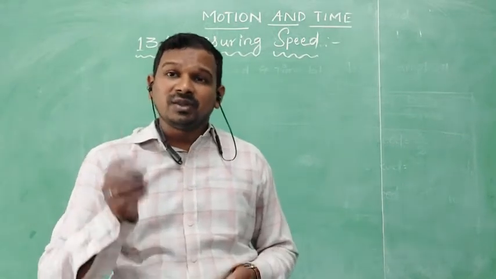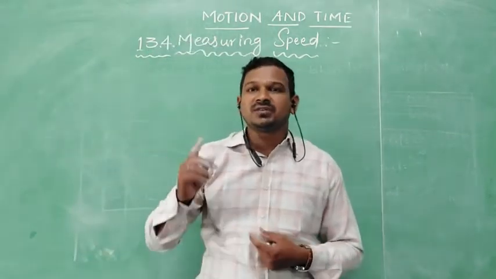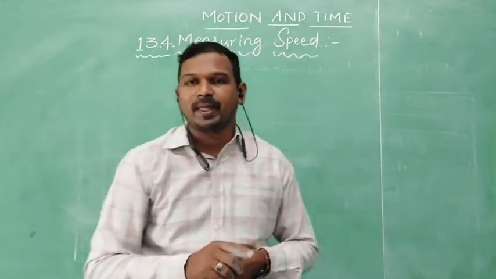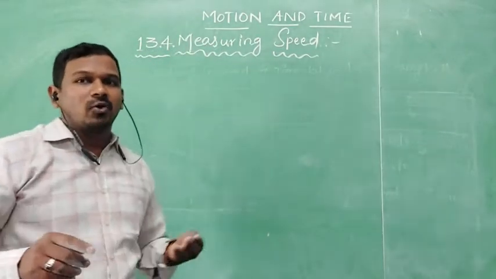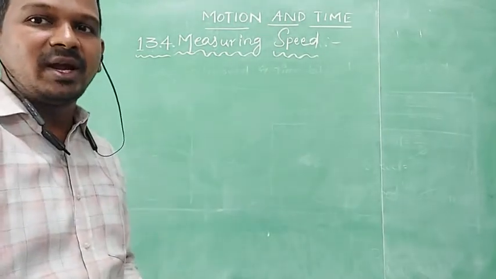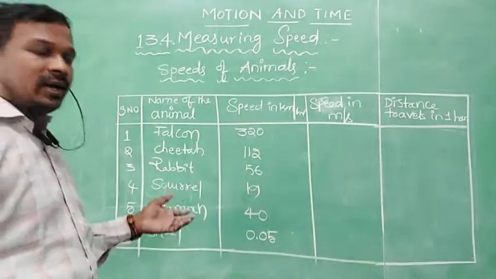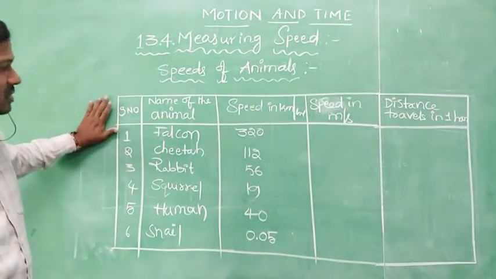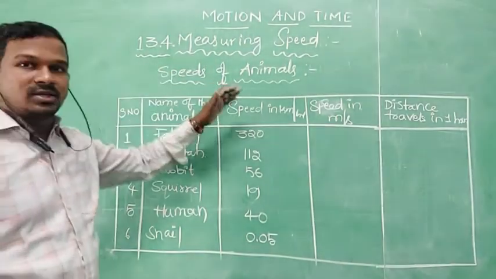With that speed, how much distance will it cover in 1 hour of time? That concept we are going to discuss now with the help of a table. Here, this is a table which denotes the speeds of the animals.